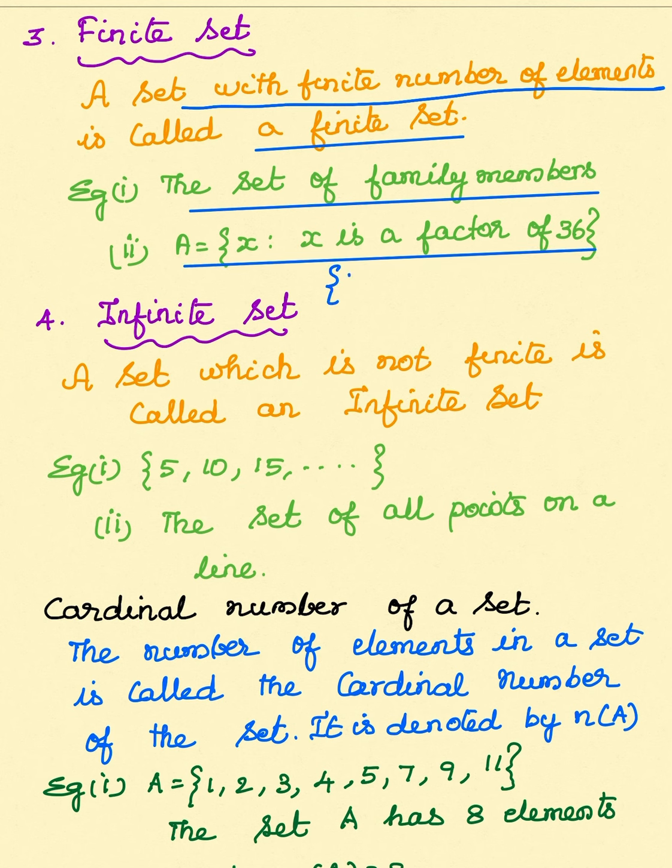So what are the factors of 36? 1 into 36, 2 into 18, 3 into 12, 4 into 9, 6 into 6. These are the factors of 36. So we exactly know the elements of the set. So it is known as a finite set.